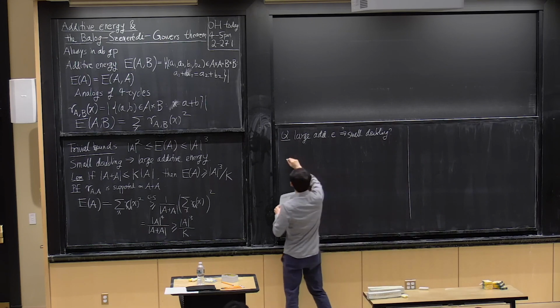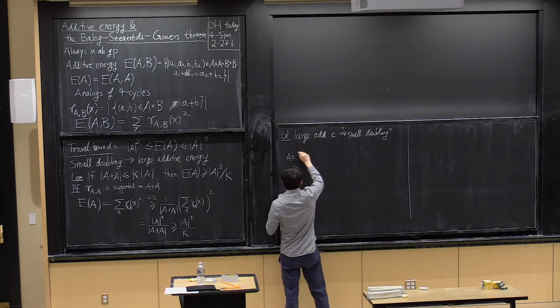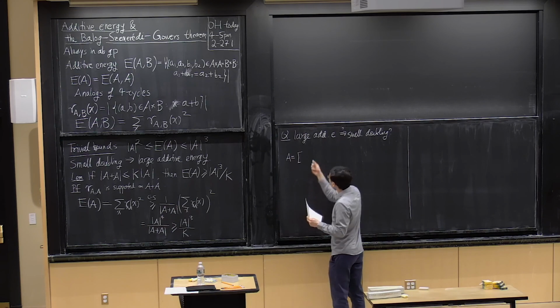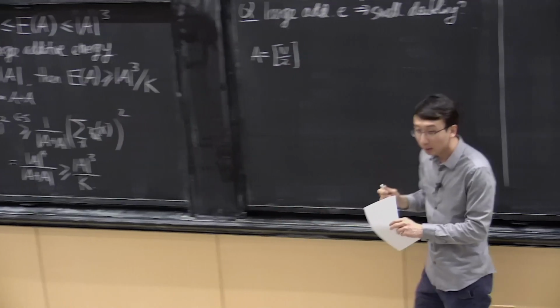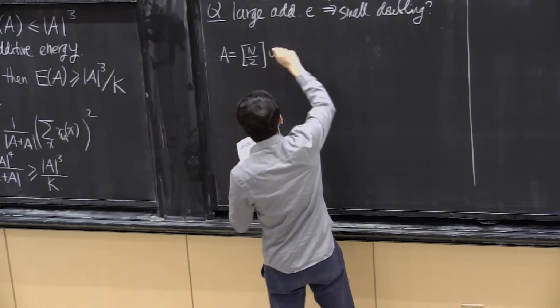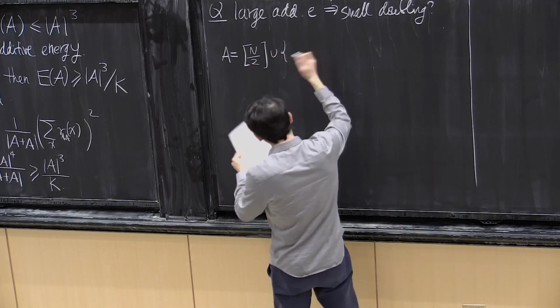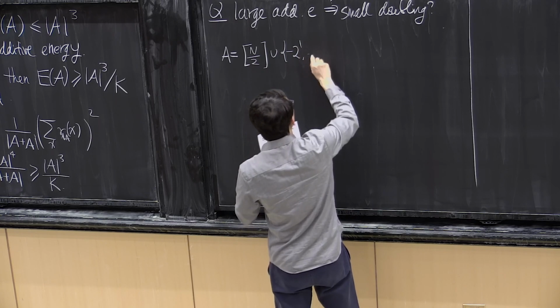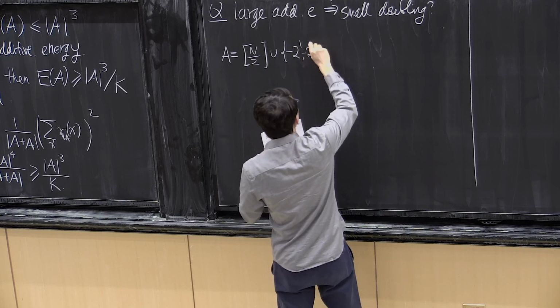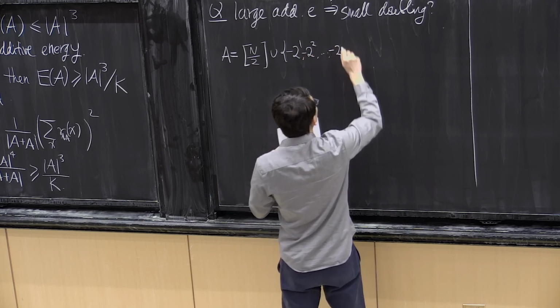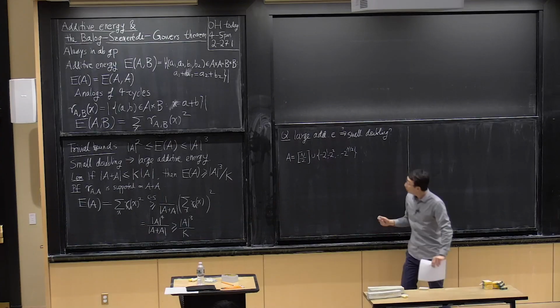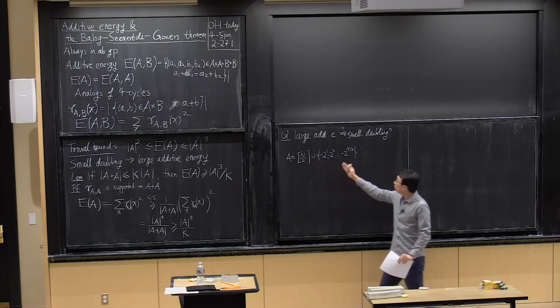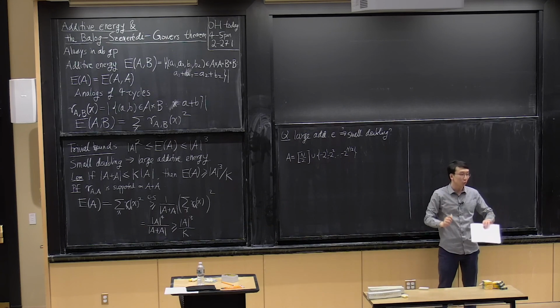Okay. So consider the following example, where you take a set A, which is a union of a set with small doubling, plus a bunch of elements without additive structure.